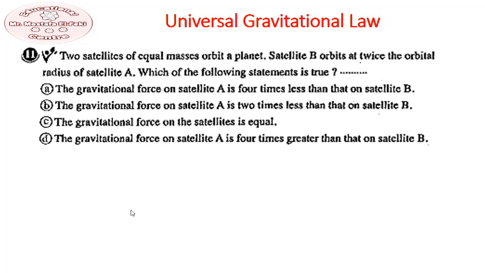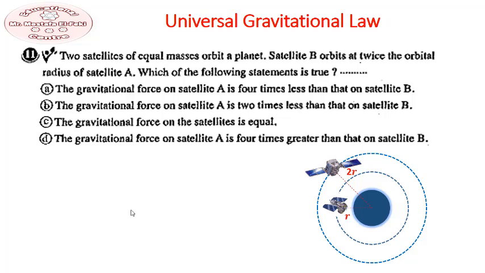Two satellites of equal masses orbit a planet. Satellite B orbits at twice the radius of satellite A. Which of the following statements is true? At first, these are the satellites that orbit the planet, one at a radius r and the other at a radius 2r, twice the distance.